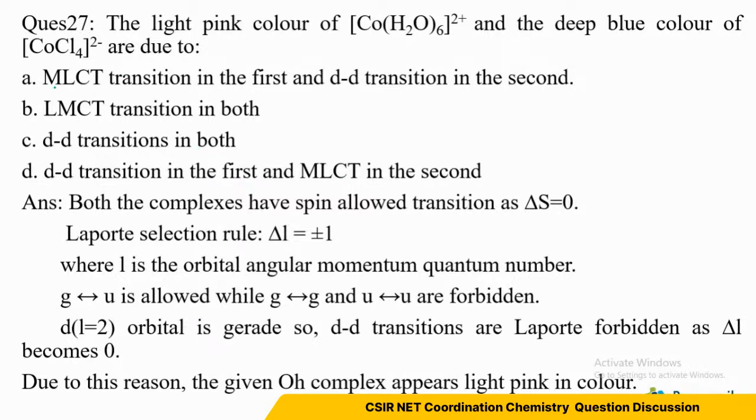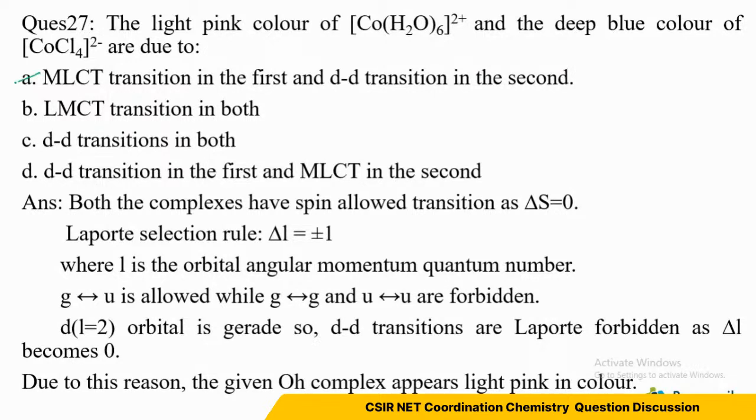Metal to ligand charge transfer occurs when there are pi acceptor ligands present, right? The electrons are transferred from the metal to the pi star of the ligand. So this cannot be the answer because there is no pi acceptor ligand present. For example, CN and CO are pi acceptors, so it is not here. So we can cancel this out.